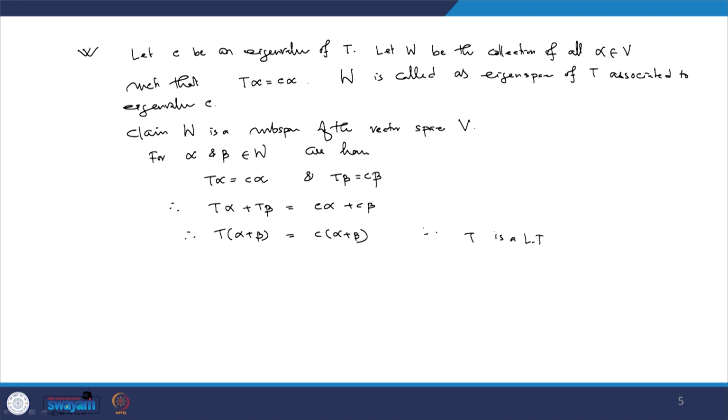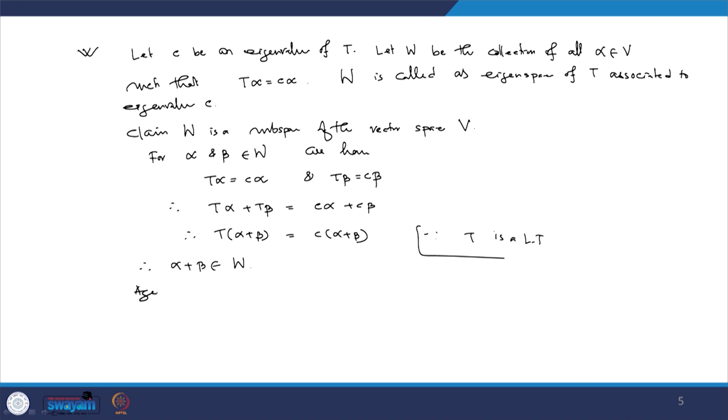So, if alpha and beta are eigenvectors associated to the eigenvalue C, then alpha plus beta is also an eigenvector of T associated to the eigenvalue C. In fact, alpha plus beta belongs to W.